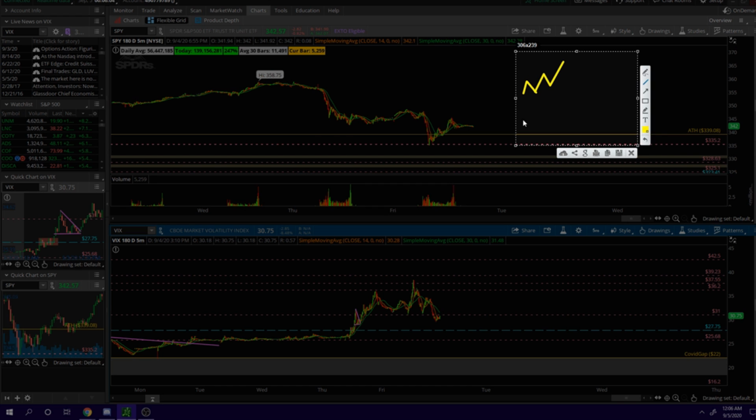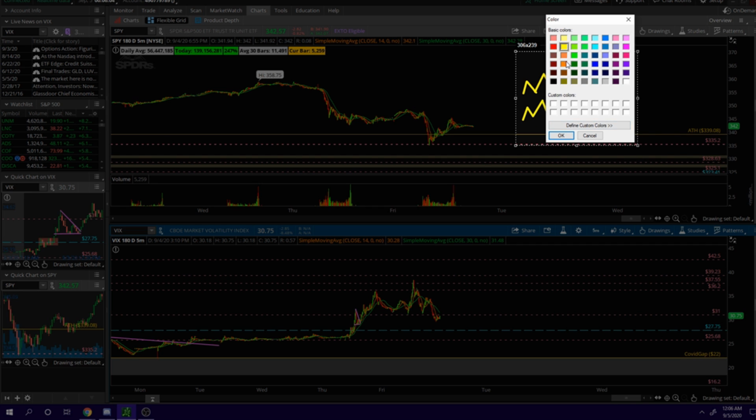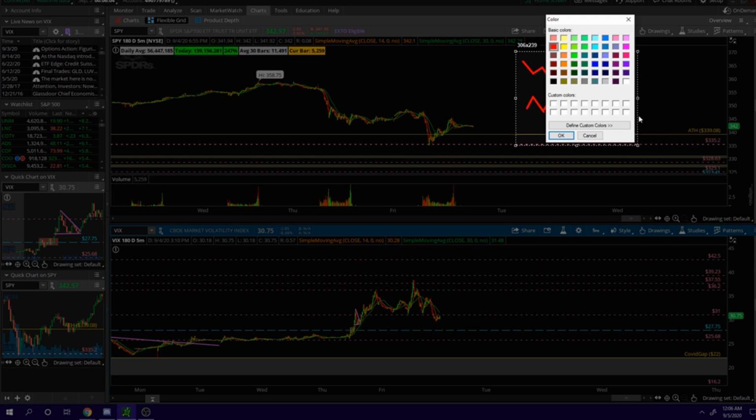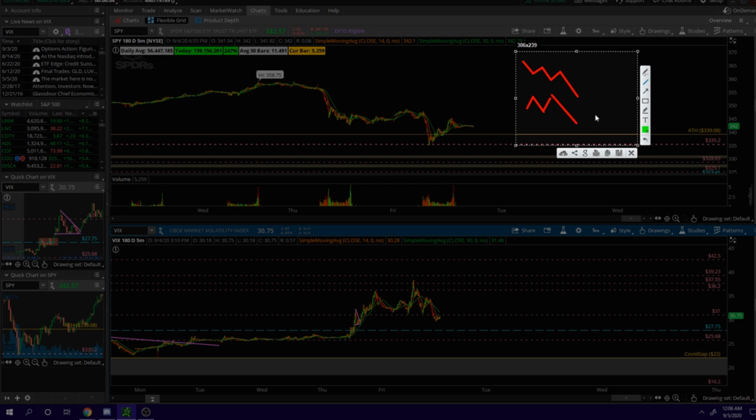If SPY is going up and VIX is going up, this might tell you that SPY is prepping for a correction soon. And vice versa. If SPY is going down and VIX is going down, it might be trying to clue you in that, hey, the reversal's coming.